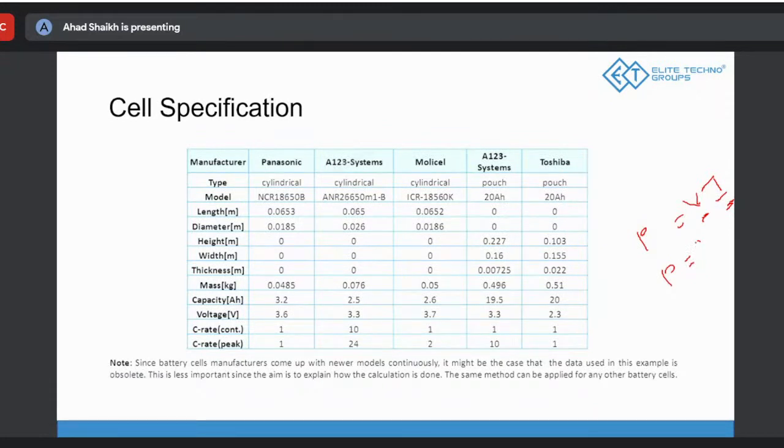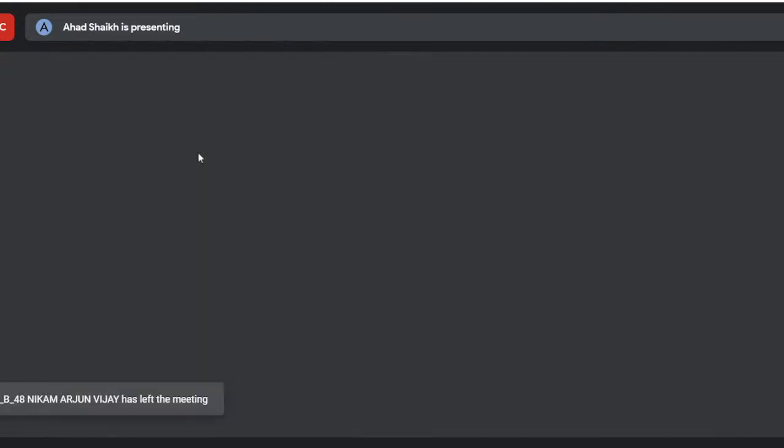How we are going to do it is we have the nominal voltage and the ampere hour rating. We will multiply both of them, and that's how we will get the watt hour capacity. So we put equal to here, the nominal voltage into the ampere hour capacity, and that gives us the energy of that particular cell.